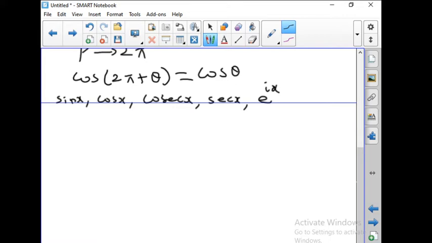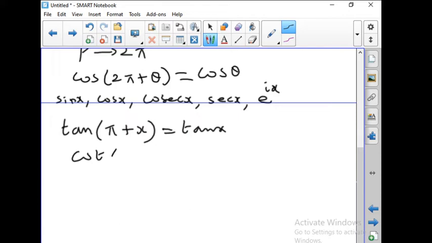And what about tan x? Tan of pi plus x is tan x. How? Pi plus theta lies in the third quadrant, where tan is positive, and pi is 180, so we have tan of pi plus x equal to tan x. Similarly, cot of pi plus x, in the place of x we can also take theta, is cot x.